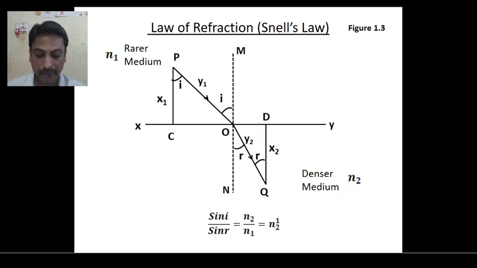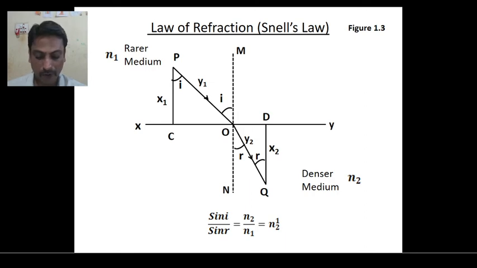That implies time taken T is equal to n1 y1 divided by c plus n2 y2 divided by c. So this I will take it as equation 1. So in triangle POC, y1 is equal to x1 sec I and y2 is equal to x2 sec R. So I have got the values of y1 and y2 in terms of x1 sec I and x2 sec r.